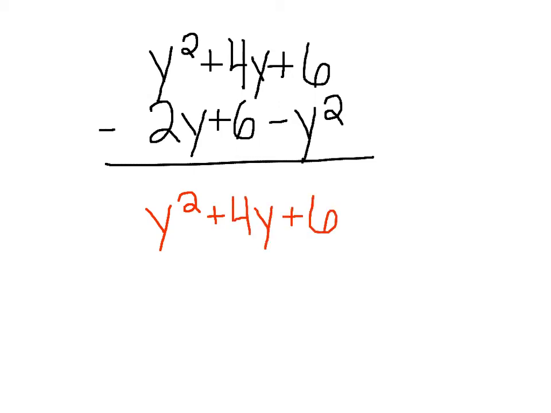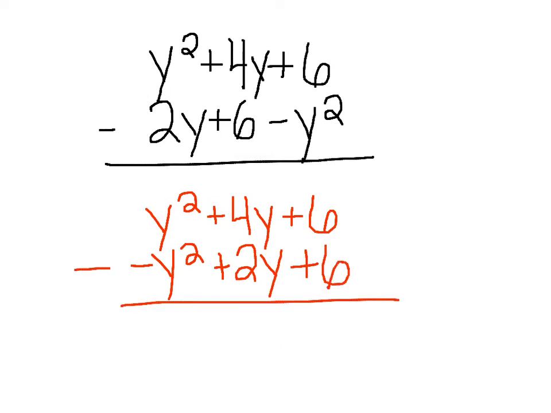And I'm going to first put the like terms together. Don't forget that the signs go for what's directly in front of it. So when you take this y squared, you better bring the negative with you. So negative y squared, positive 2y, positive 6. So I'm lining them up together.